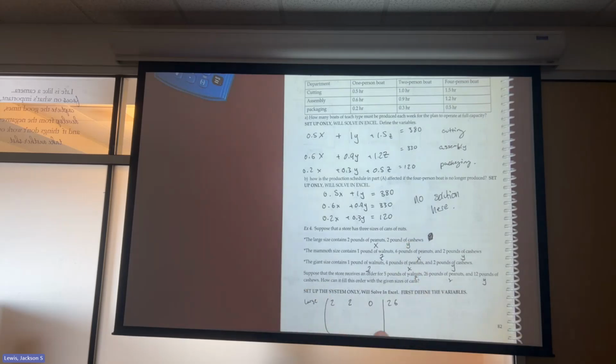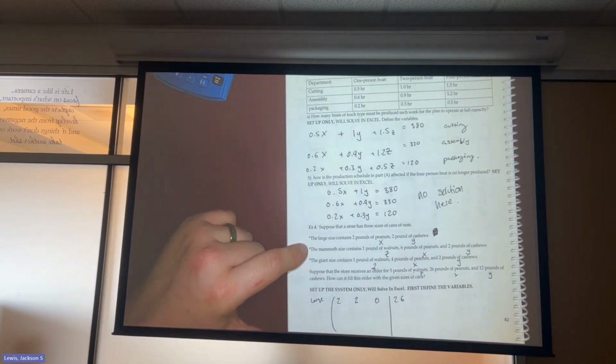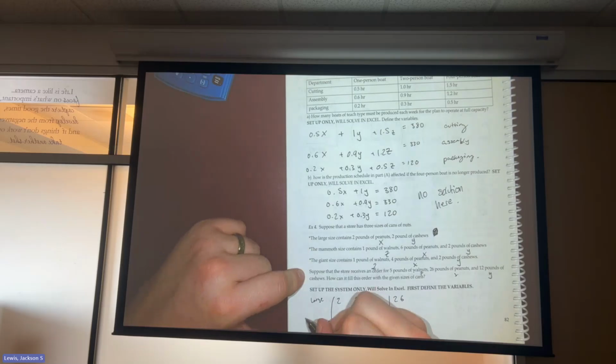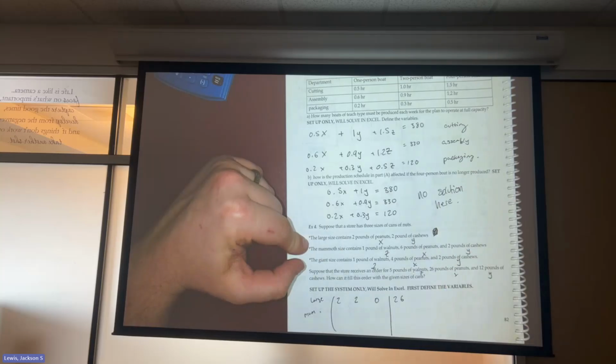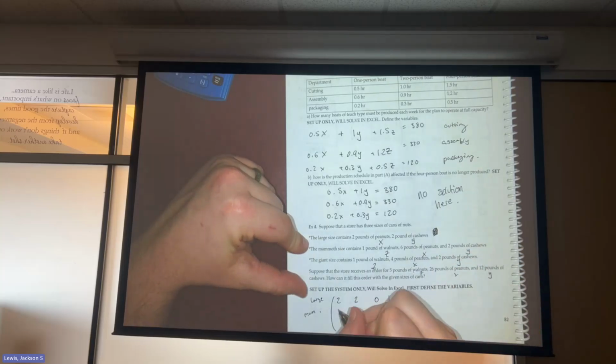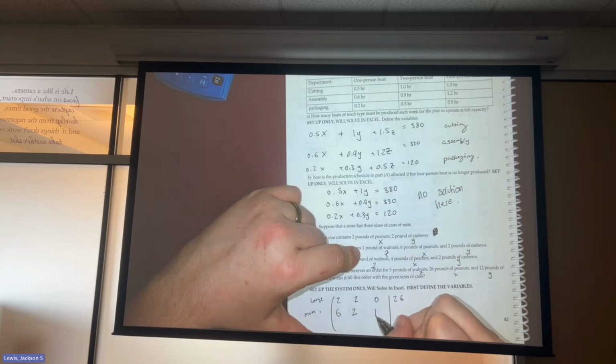For the next one, the mammoth size, so I did the large, now I want the mammoth. It has 6 pounds of peanuts, 2 pounds of cashews, and 1 pound of walnuts.